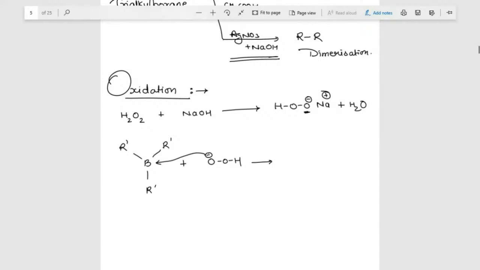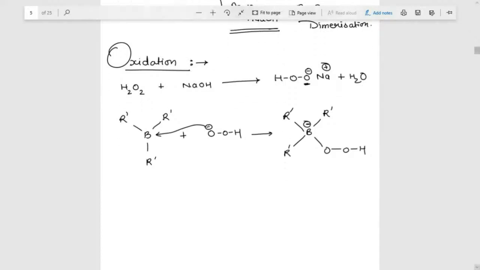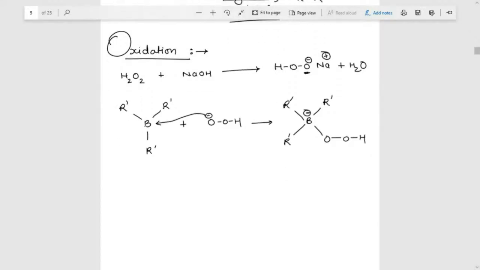So when our trialkyl borane comes here, and this anion acts as a Lewis base, there is a formation of R3B-O-OH, and a negative charge comes on boron. Is that absolutely clear? I have replaced the coordinate bond with charges. That is why this oxygen is not written with negative, and this boron is written with negative charge, as it has accepted a pair of electrons from oxygen.